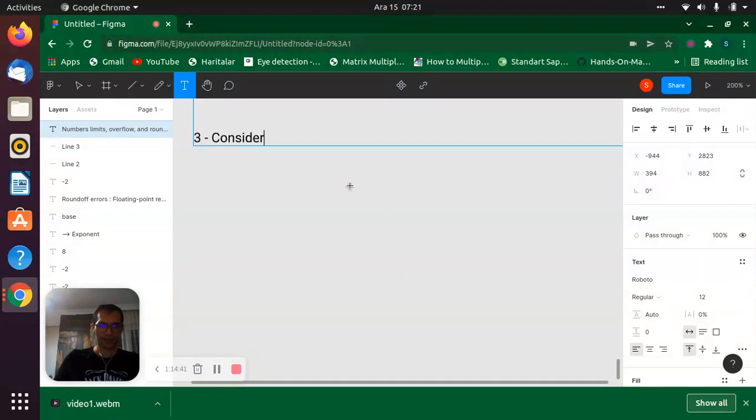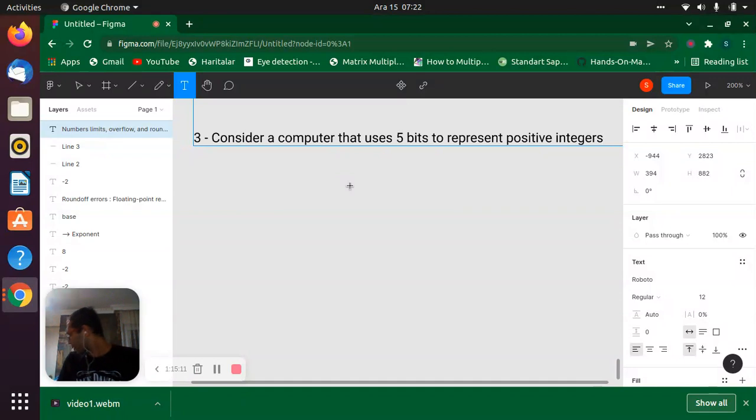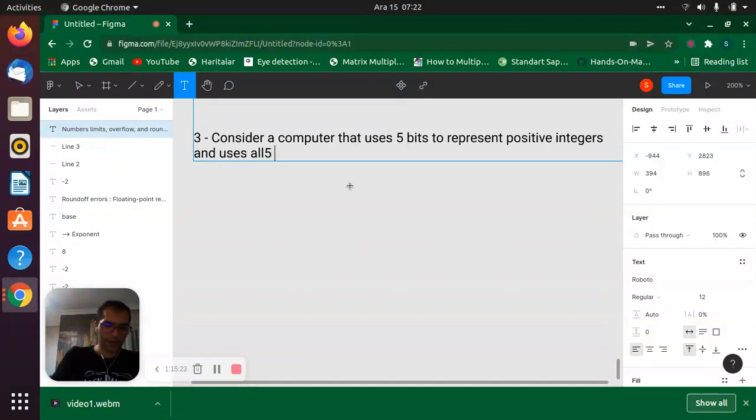It says, consider a computer that uses 5 bits to represent positive integers and uses all 5 bits to represent the value.